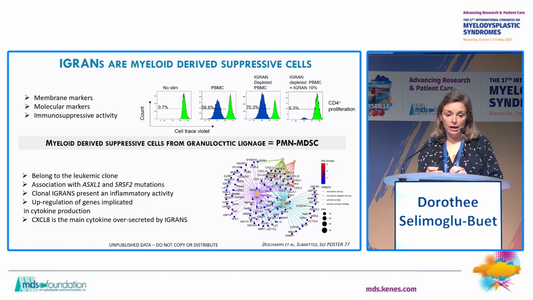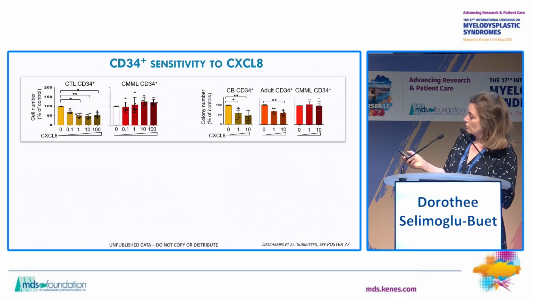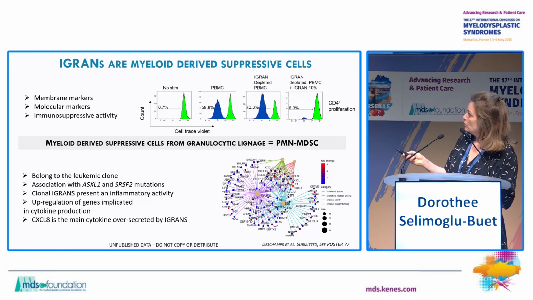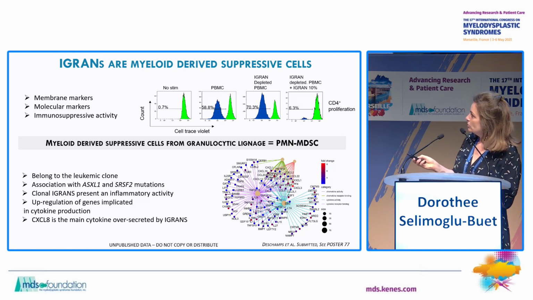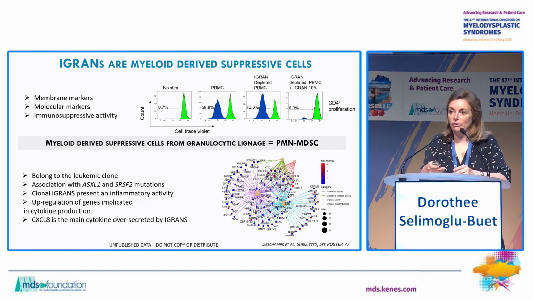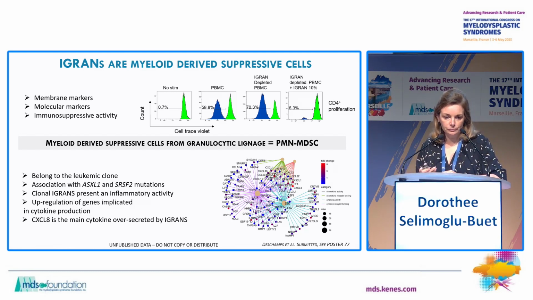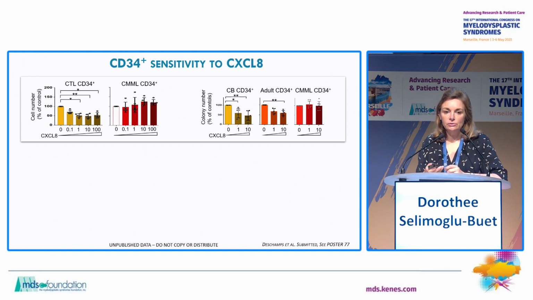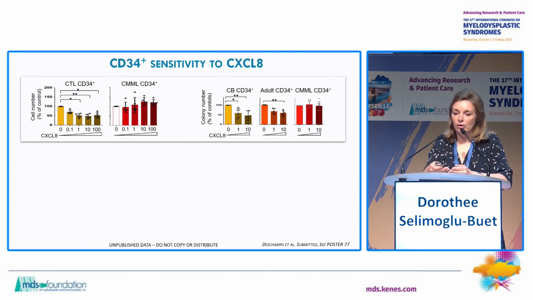This clonal I-Gran presents a high inflammatory activity, and among all the cytokines overexpressed by the I-Gran, we focused our attention on CXCL8 because it was the main cytokine overexpressed by this population of cells and oversecreted in the patient plasma. We then wanted to understand the impact of the oversecretion of CXCL8 in the plasma of the CMML patient on CMML development.